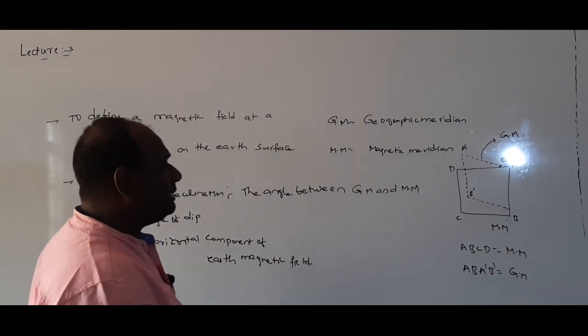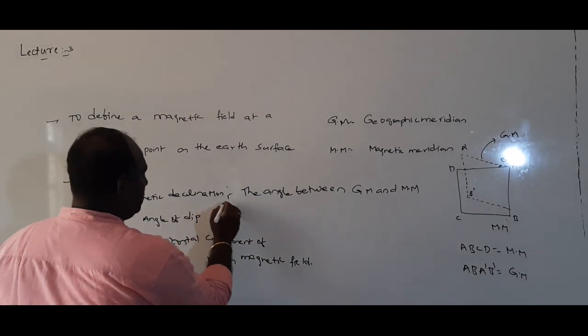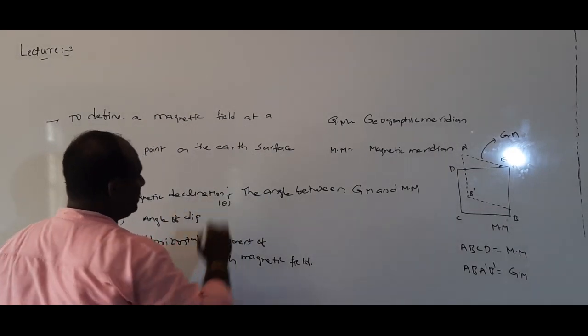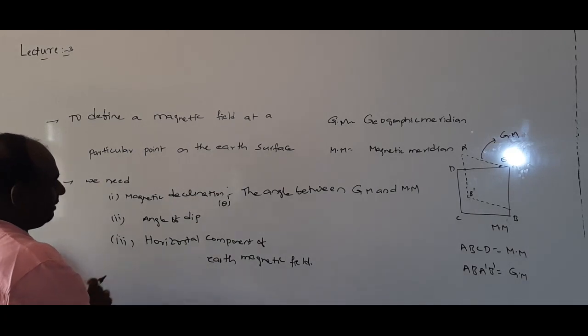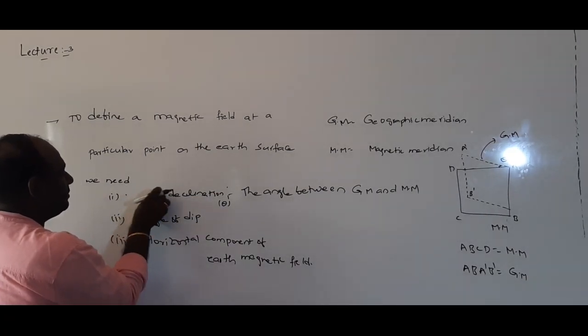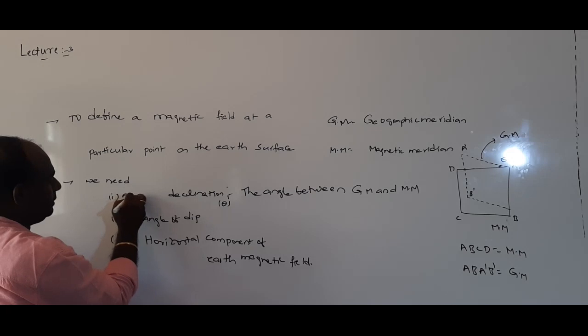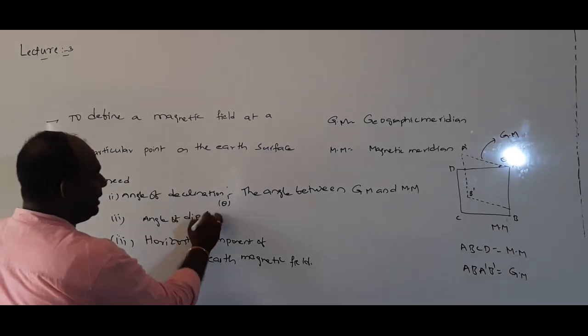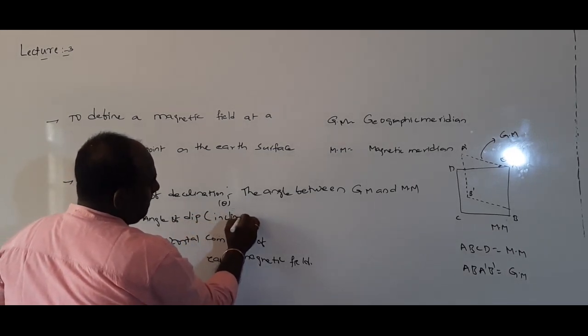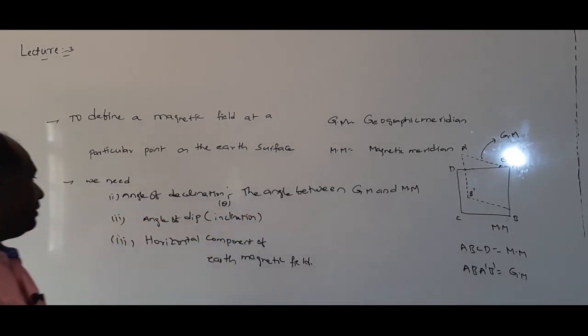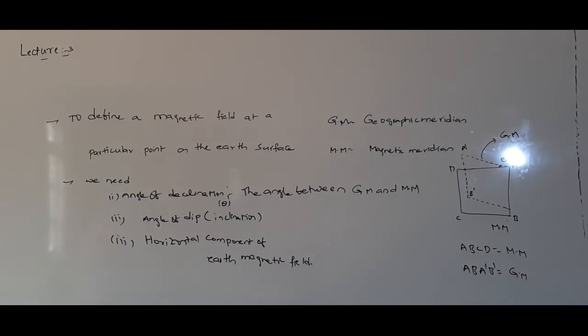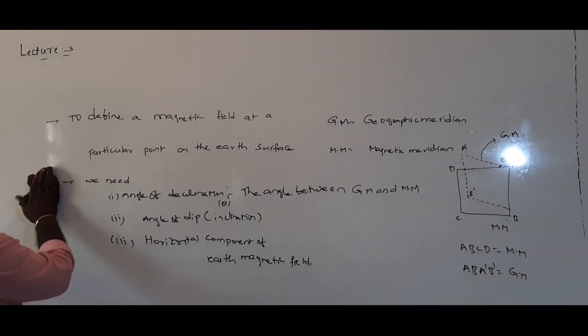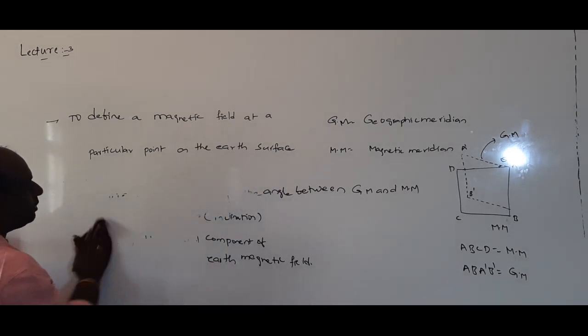The angle between these two is known as the angle of declination, theta. Next is the angle of dip, or we can say inclination. So this is about the angle of declination. I am going to rub these things out. Next, one more definition I am going to write: angle of dip.